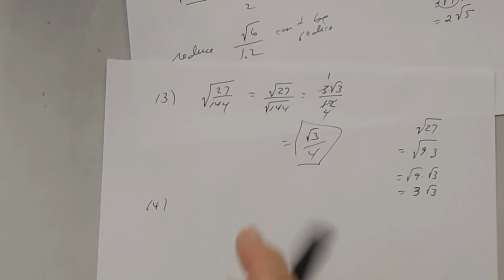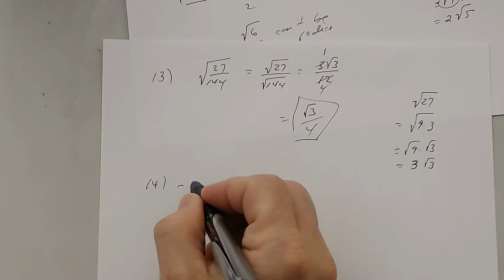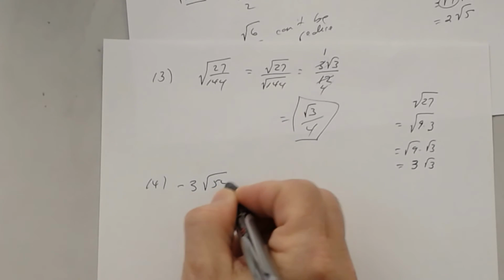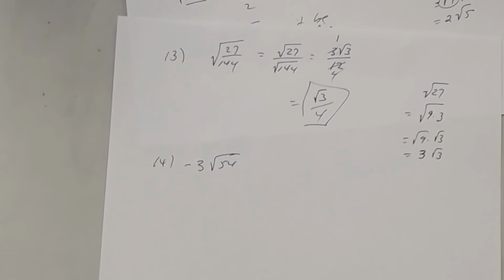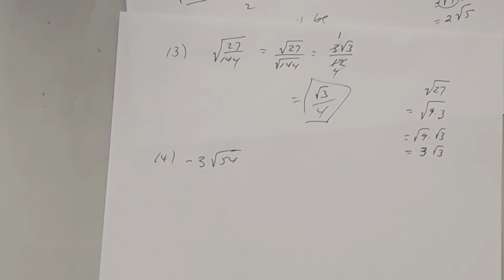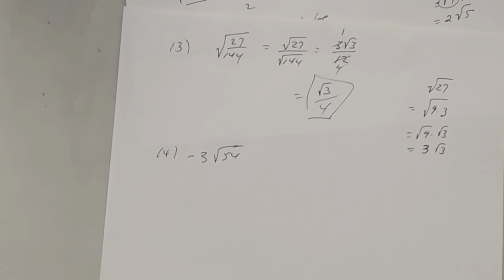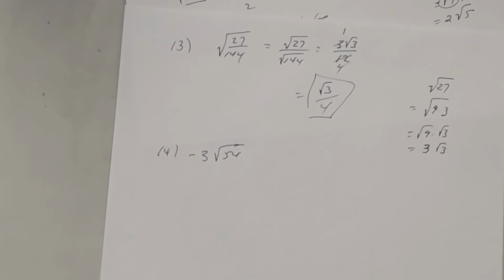One more with this one. Number 14. You have negative 3 square root of 54. Is 54 a perfect square? No, but is there a perfect square that will go into 54? And if so, give me the largest. 9. 9 times what? 6.